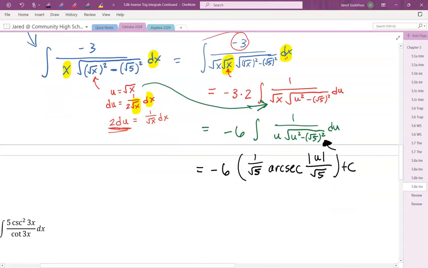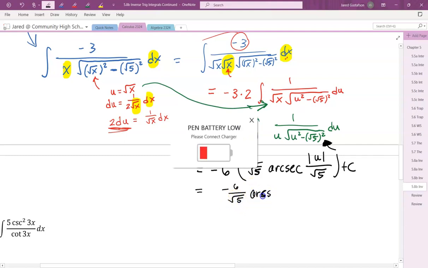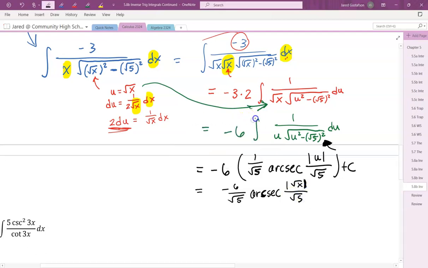Finally, rewriting our stuff with x's instead of u's, we get -6 over root 5, which I'm not going to simplify, arcsecant of the absolute value of the square root of x over square root of 5 plus c.